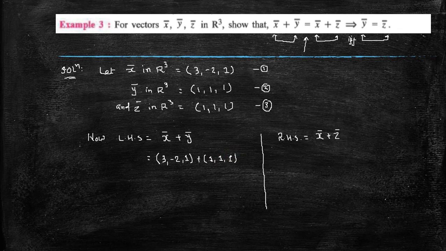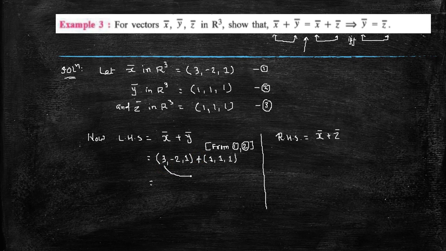Now how can we write this thing? First we will find the left hand side, and only after that we will go to find the right hand side value. Clear? So let us move ahead. How can we find vector addition?